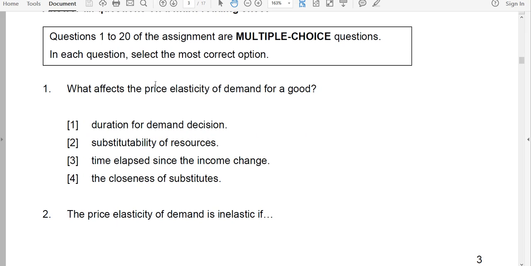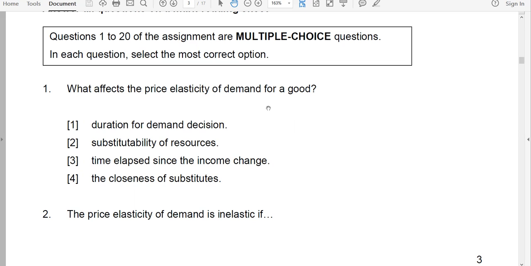So basically, it's a mathematical measure of how responsive demand is to the price. However, there are certain things which affect price elasticity of demand.